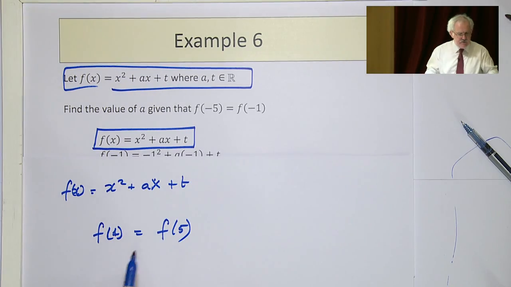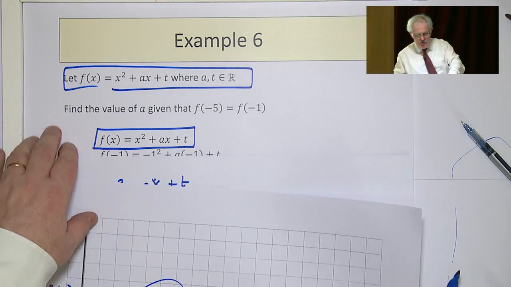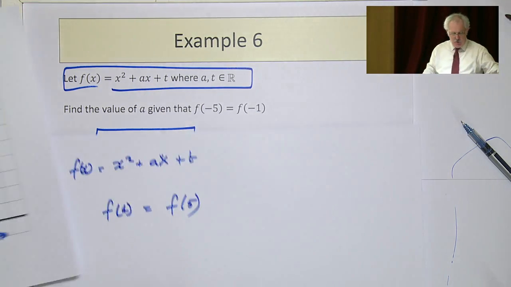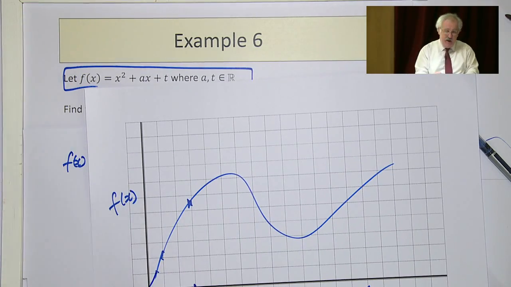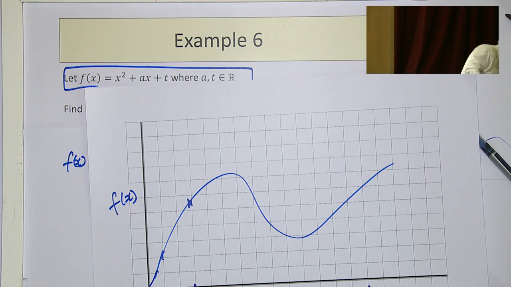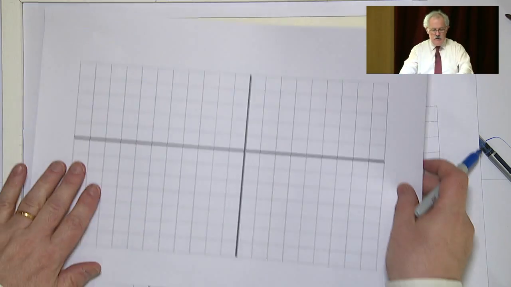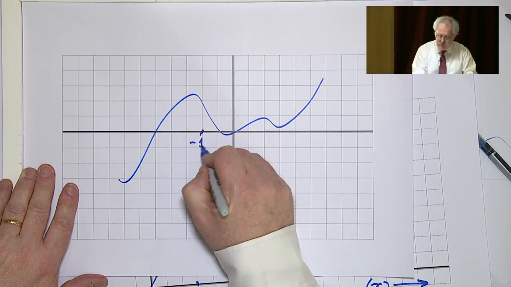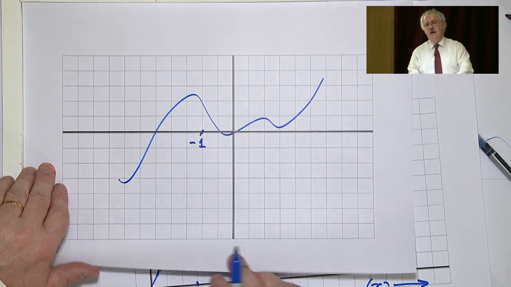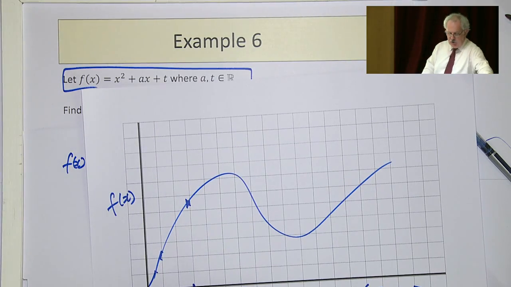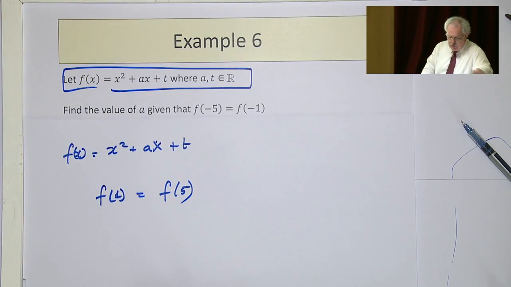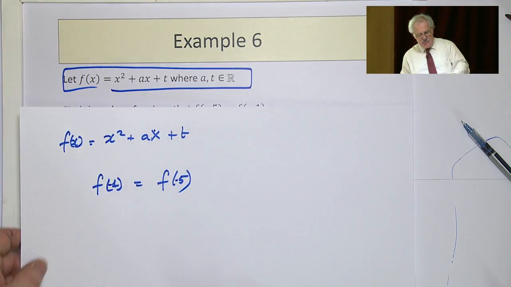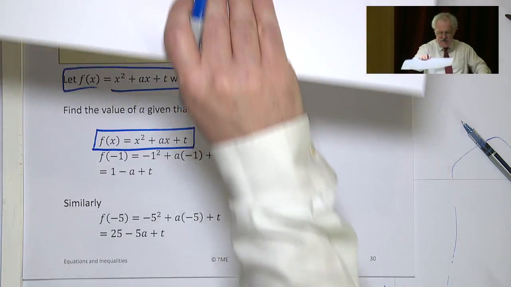Oh, sorry, was it minus 1 it said? It says f of minus 5 and f of minus 1. So we have to look at this function and see what its value was at minus 1 rather than plus. Okay, how do we do that? Well, we're going to put in not f of 1 and f of 5, but f of minus 1 and f of minus 5.